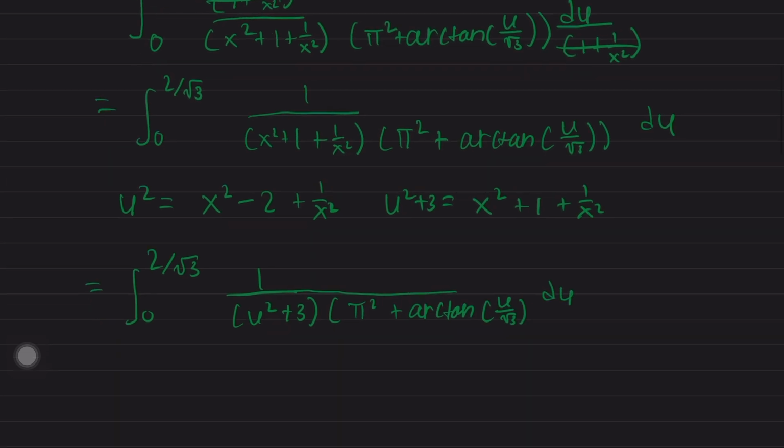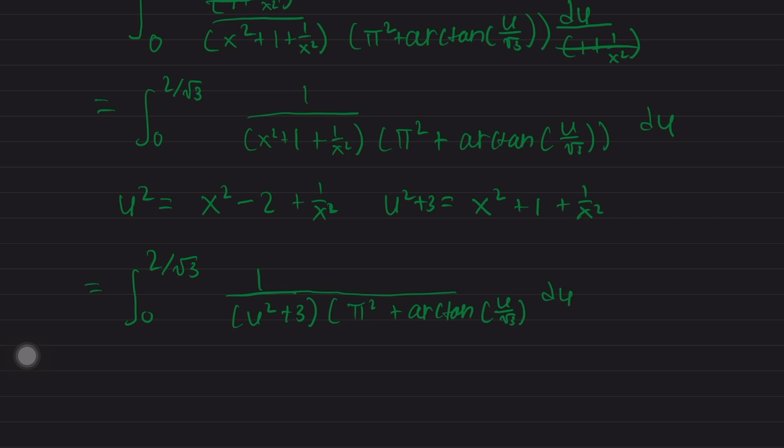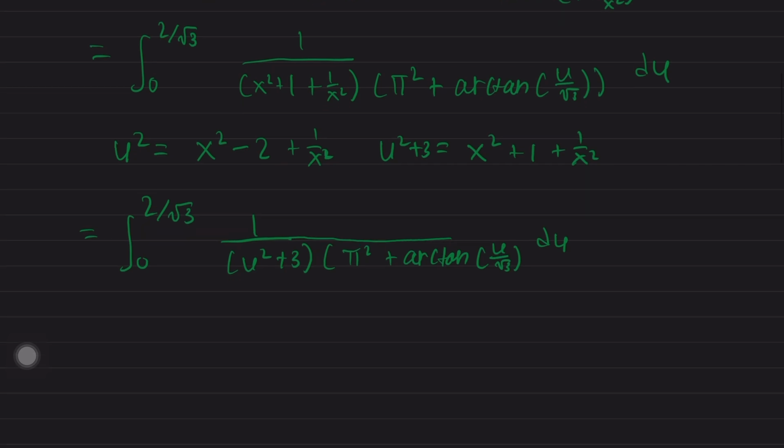Okay, now notice here that we have 1 over u squared plus 3, and arctan of u over square root of 3. So this is almost the derivative of arctan of u over square root of 3. So that's going to be something good that we should substitute.